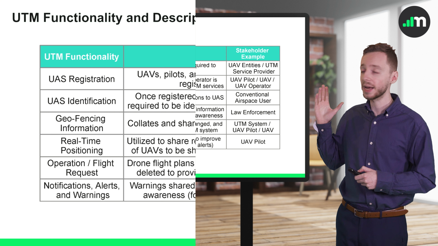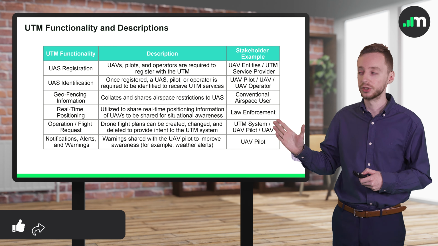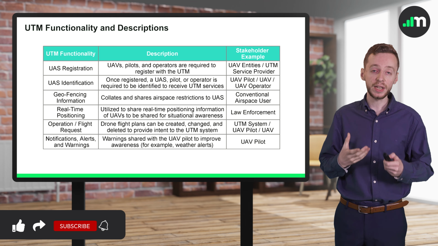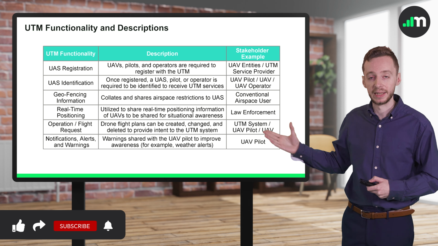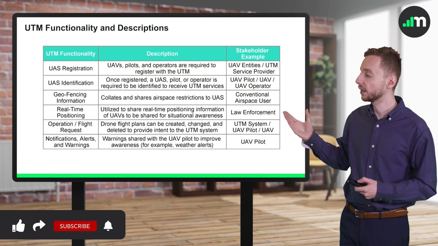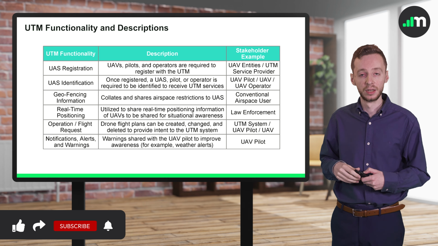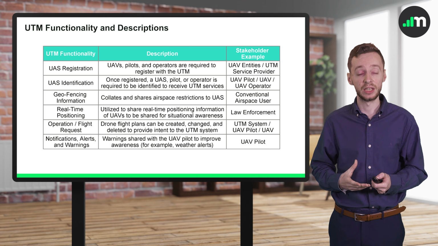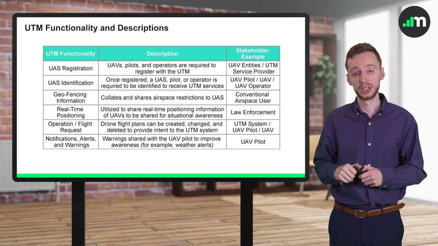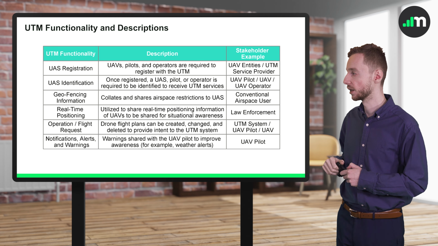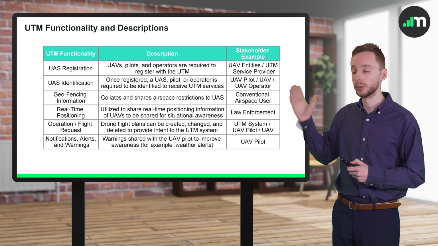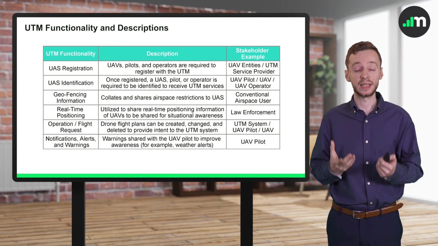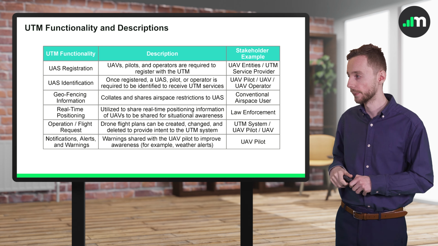Now, we also have UAS identification. And so once a device is registered to that specific UTM, whether that be that UAV, whether it be the pilot, whether it be a specific operator, they need to provide a specific identification in order to request and retrieve specific services. So once again, as a stakeholder example, we see that as being the UAV pilot, the UAV itself, or the UAV operator.